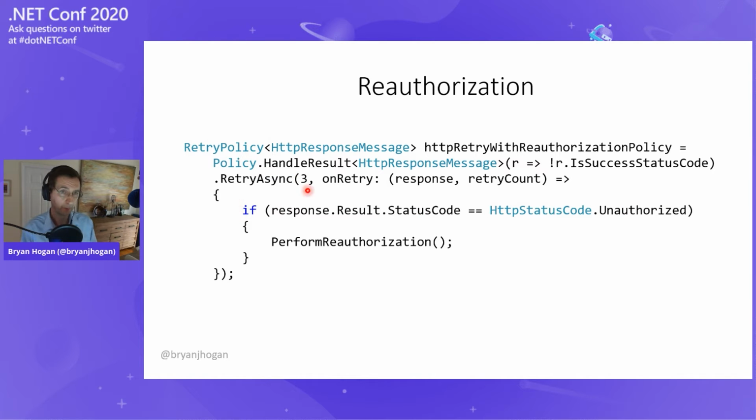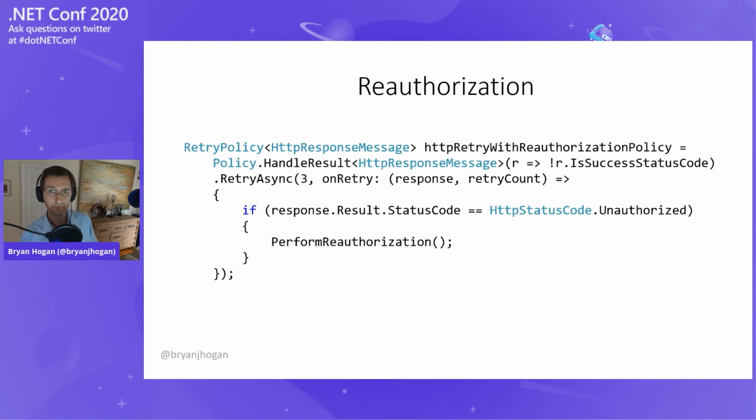And then specifically within the retry, prior to executing the retry, this block is hit. And if the status code is unauthorized, you perform some custom reauthorization logic. That might be going out and getting a new JWT or a new cookie or whatever it happens to be. One drawback on this one is if you try to do this with a HttpClientFactory, it is more complicated. But I have some examples on my blog for that one.